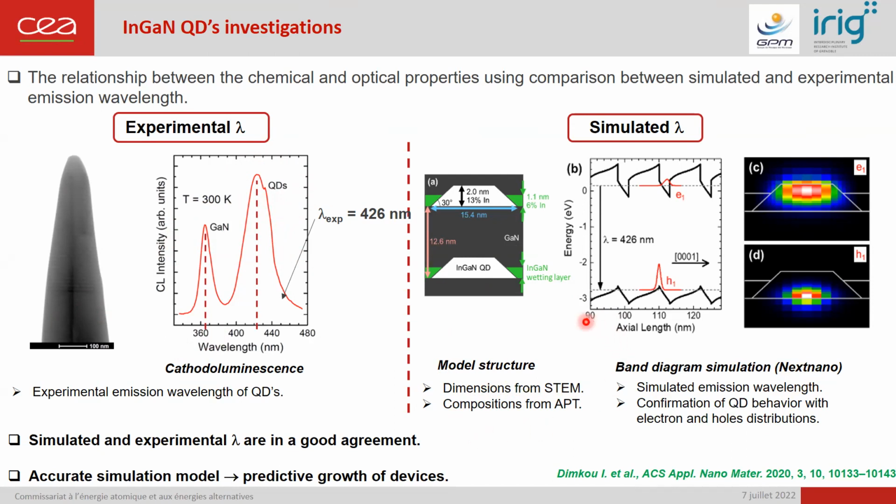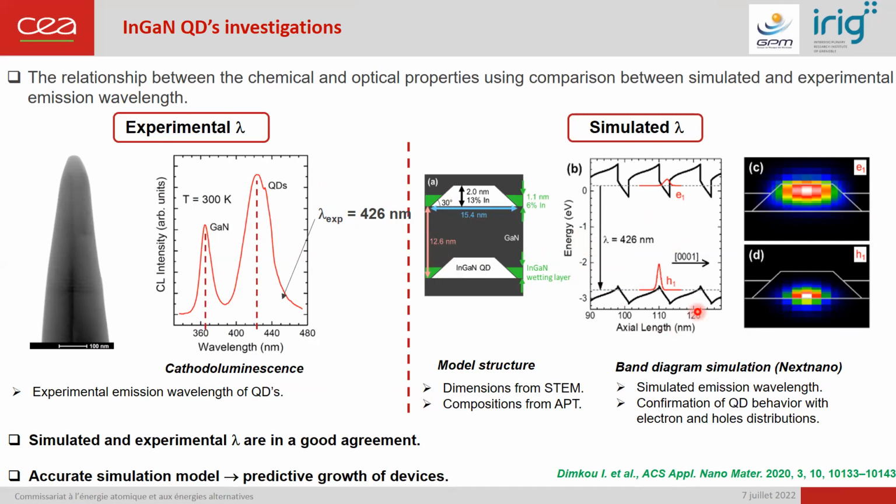From that kind of simulation, we can extract simulated wavelengths, and we can also extract electron and hole probability distributions. What we can extract is the simulated wavelength, which is in perfect agreement with experimental wavelengths.